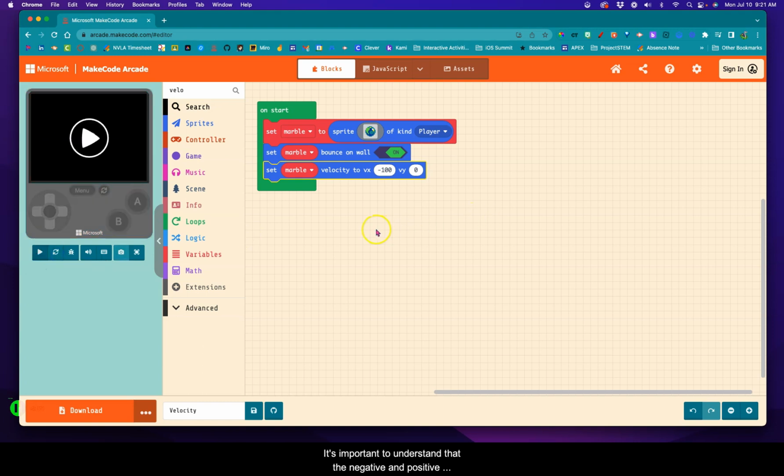It's important to understand what the negative and positive values are going to do to your sprite. So if I have a negative and a positive value, it's just moving around fast, but it moves to the left first.